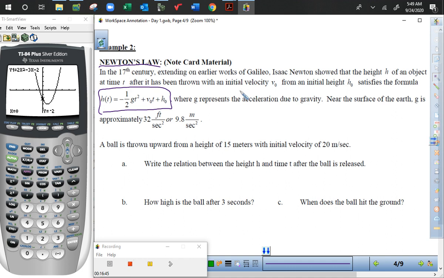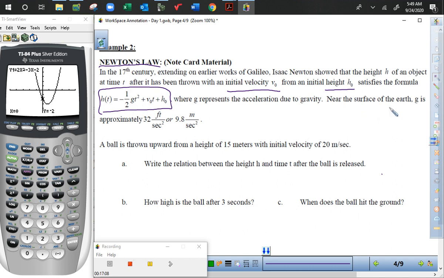And then if you need it, write the pieces that we don't know. You know h stands for height, you know t stands for time, but if you need it, write initial velocity is v naught, that 0 is said v naught, and then the initial height is h naught. The last little variable we've got here is g, and this is actually a constant for every single problem.